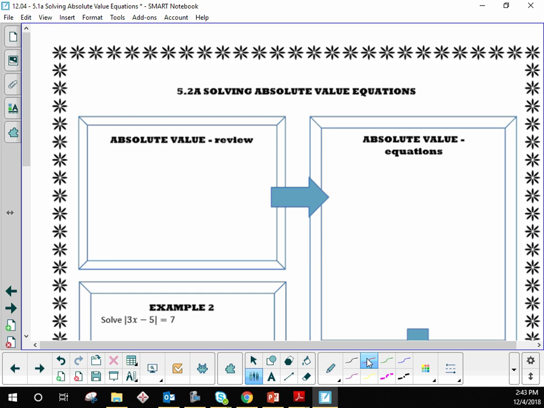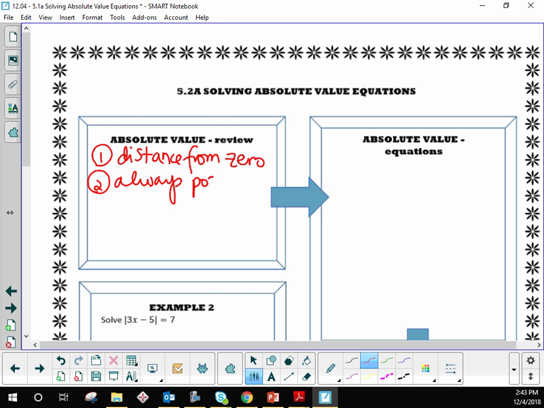We're going to start out with a tiny quick review, basically what I just said in the warm-up about absolute value. The first thing we learned yesterday about absolute value was it's the distance of a number from where? 0, thank you. And the answers are always what kind of number? Positive, so it's always positive.